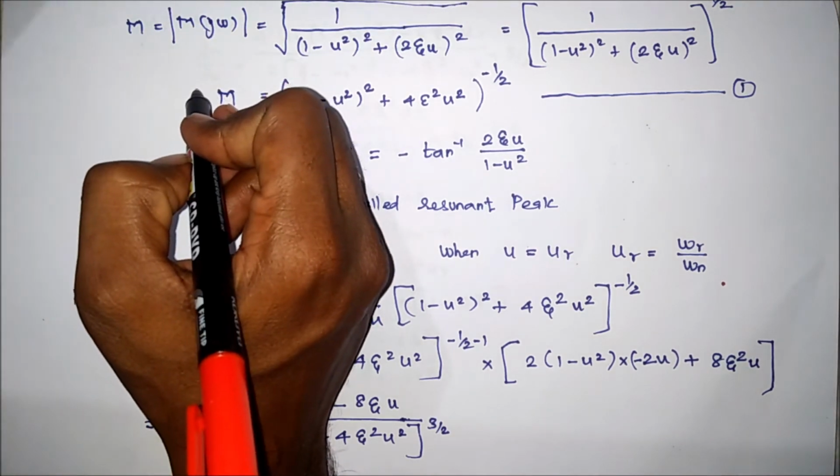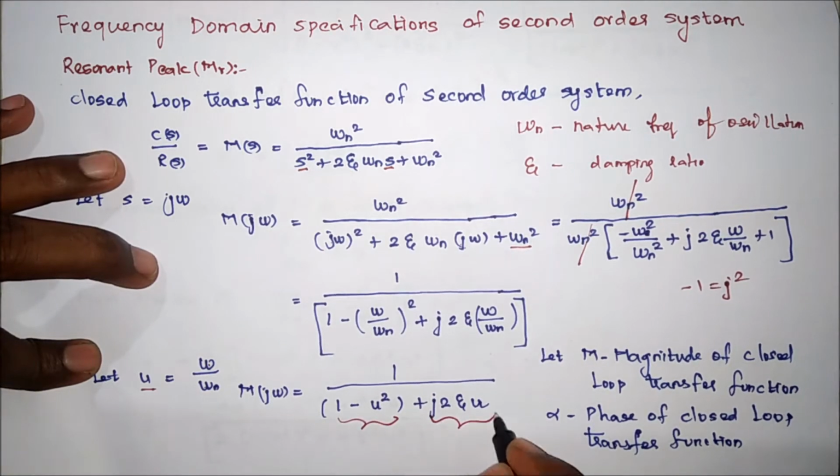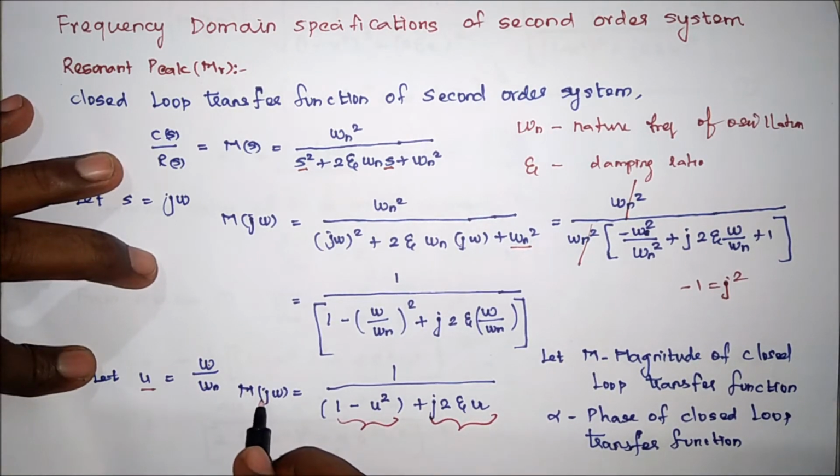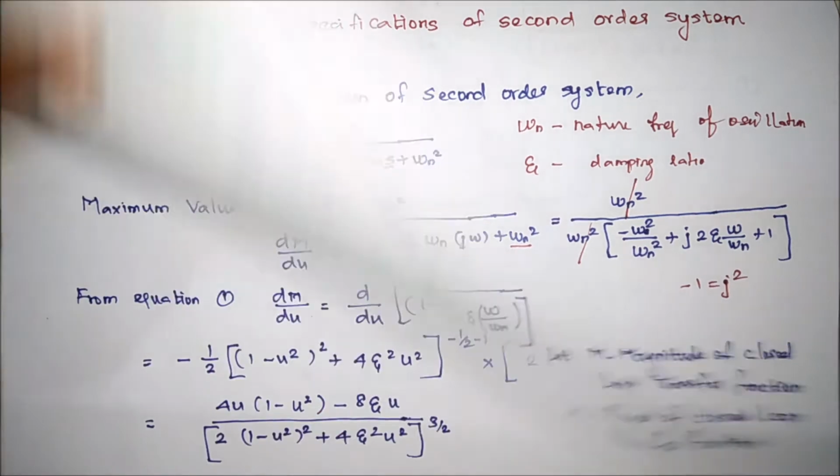So now we know this is real part, this is imaginary part. So to take the magnitude we have to take the square root, then we have to square real part and imaginary part, finally we have to add.